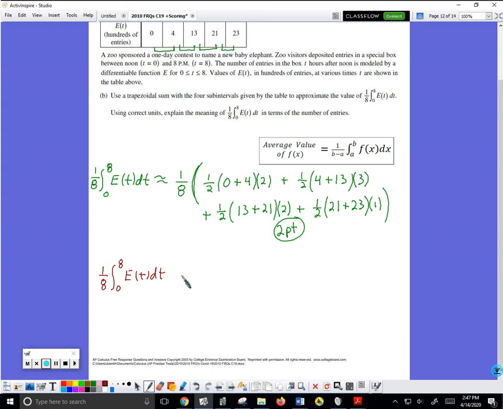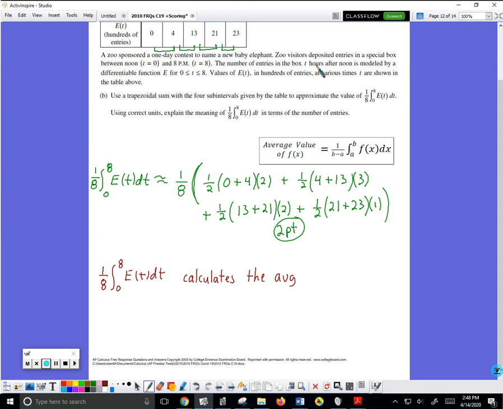So this calculates the average. Their words are E represents the number of entries in the box.